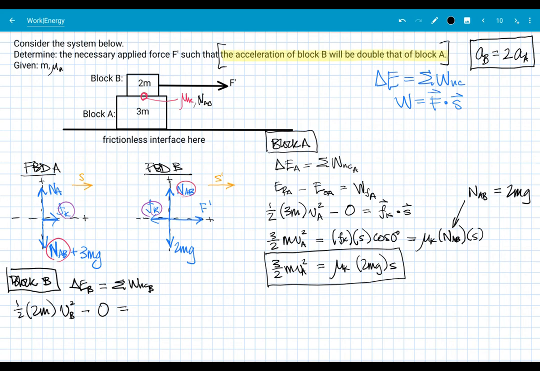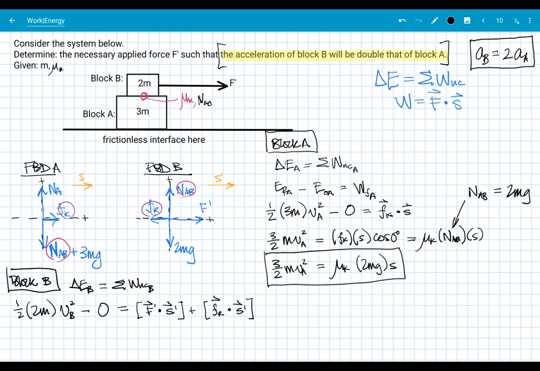So I'm going to have two works here. One is going to be that F prime dotted in with S prime. I'm putting hats over here because I'm actually writing this in terms of the scalar product, plus now the scalar product of the kinetic friction dotted in with the displacement here. Again, different displacements, right?